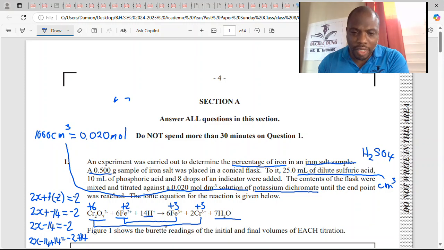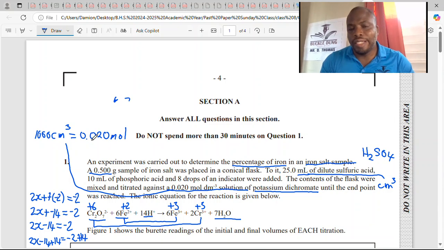When you have 0.020 moles per dm cube, what that is saying is how much is in 1000 centimeter cube. True?